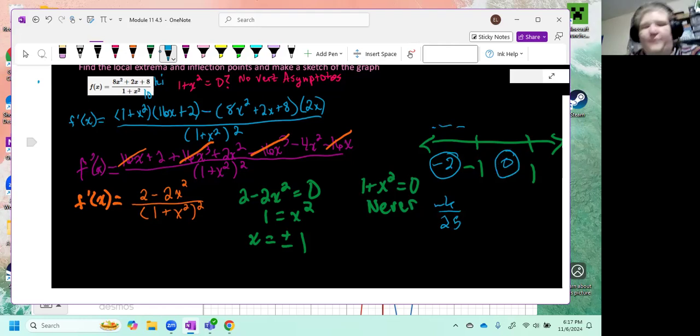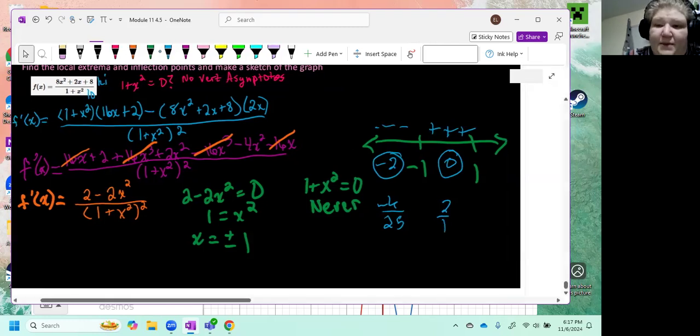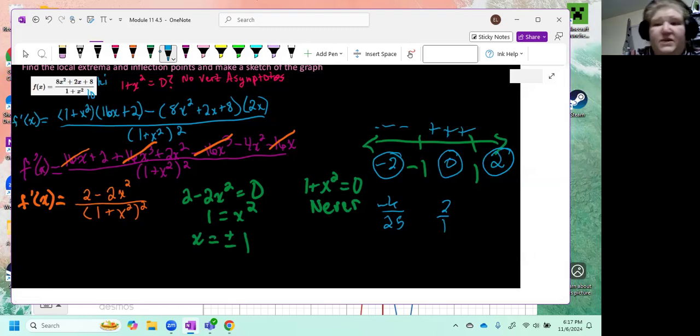Now I'm going to test 0. I know it looks like I just wrote a donut. So 2 minus 0 over 1 plus 0, it's positive because we just get 2 over 1. Now coming over here, we're going to test out 2. So 2 squared is 4 times the -2 minus 8. 2 minus 8 is -6 again. And we're going to get the 25 on the bottom again.